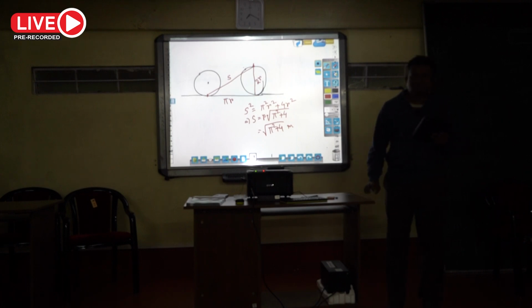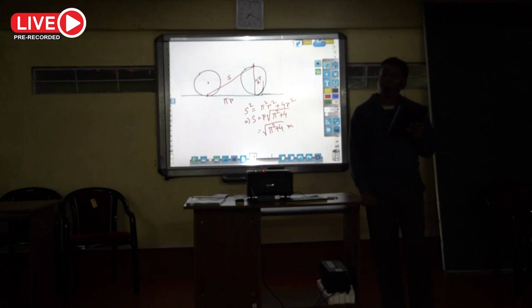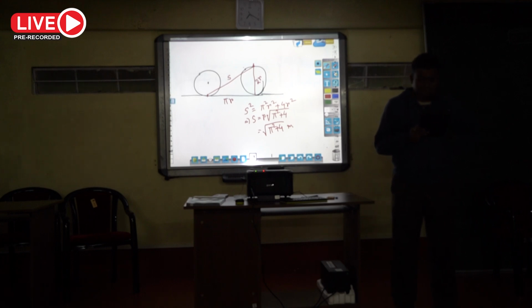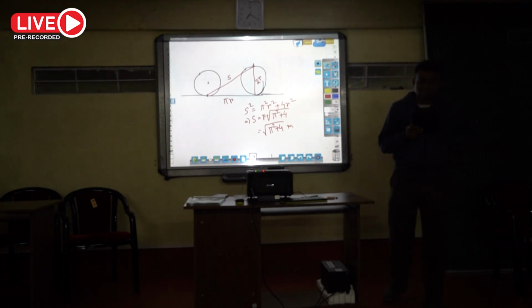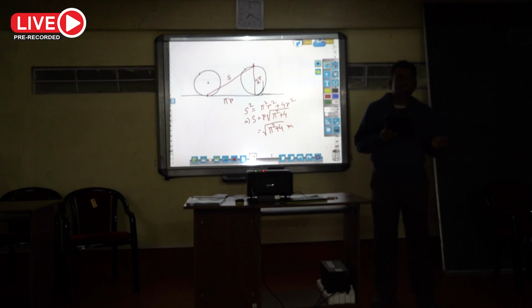Question number 9. An object moves, starting from rest, through a resistive medium, such that its acceleration is related to velocity as a equal to 3 minus 2v.